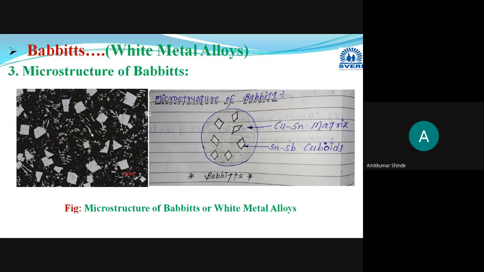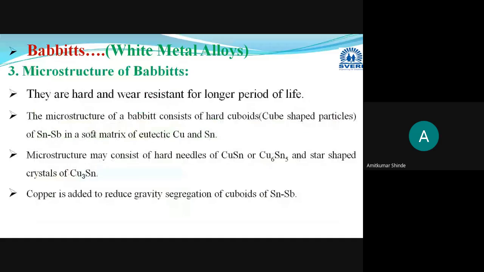Then why is the copper added? Here I have mentioned that copper is added to reduce the gravity segregation of the cuboids. Whenever you are manufacturing these bearings, during the solidification process, these SnSb cuboids solidify first. They are very light, so they will come to the top surface of the bearing.